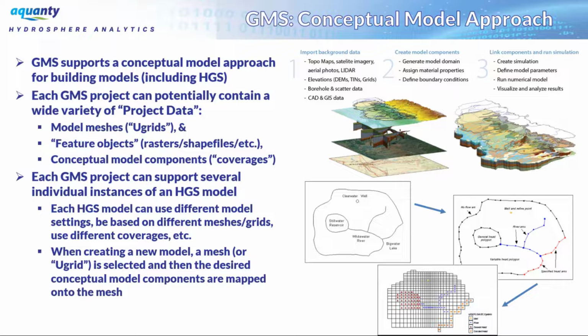Whenever we create a new HGS model within the GMS project, we'll have to select a mesh, or U-grid, that will be associated with that model. Then we'll see how we can drag and drop some of these mesh and model independent data objects down, and those get mapped onto the mesh that we've selected, and that forms the basis for the HGS model.